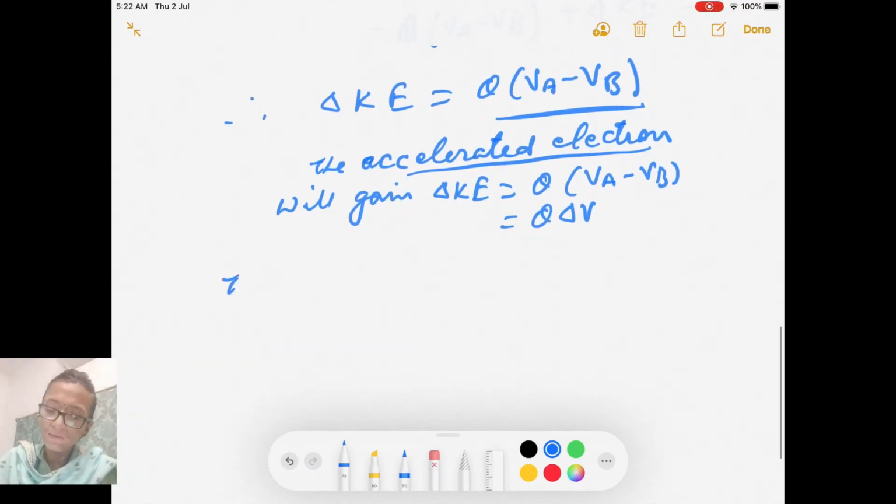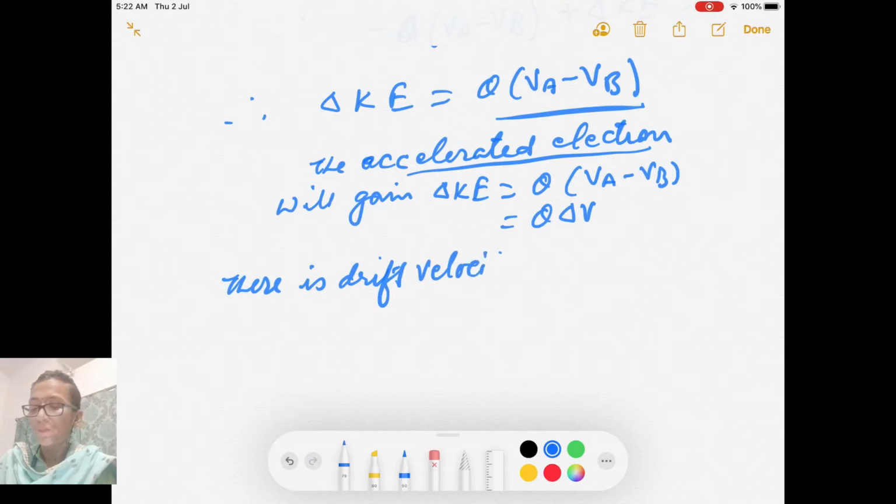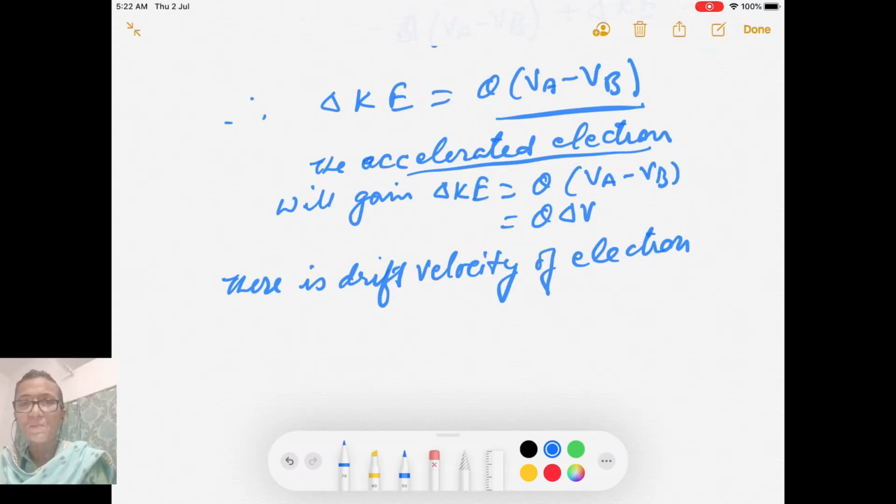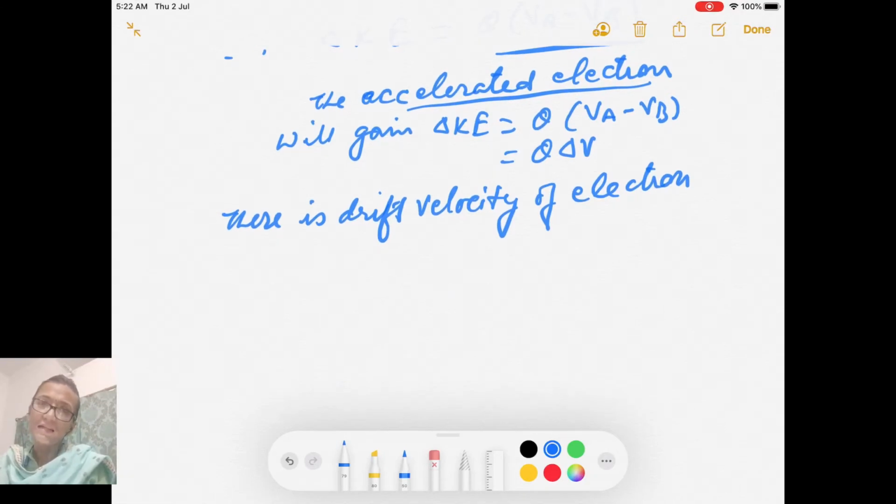There is drift velocity of the electron due to collision with the lattice. The electron, though it is accelerated each time, collides with the lattice of any material.